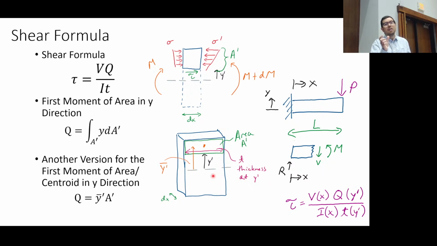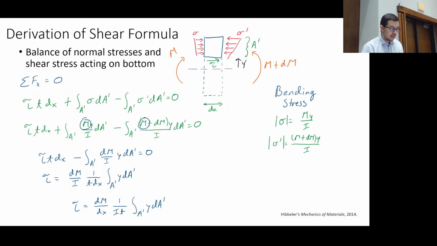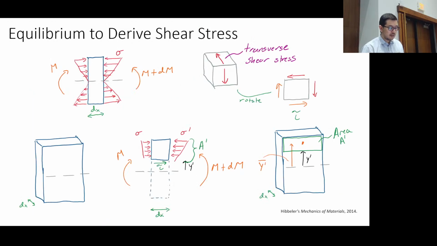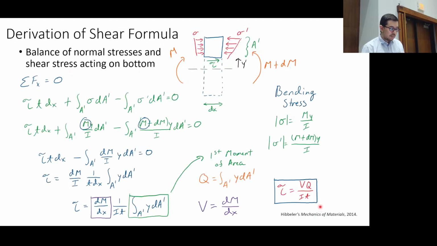You got that? So when you see VQ over IT, this is not the thickness in the vertical direction. This is the effective B, the width. We call it a thickness, but it's really the width. I highlighted it a few slides ago. It's this width. Okay, let's keep going.